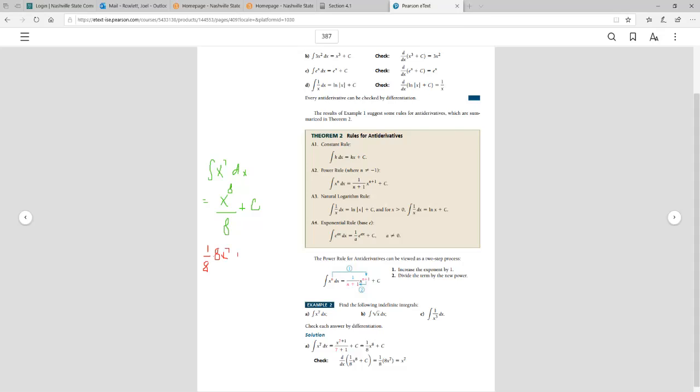And of course, the derivative of a constant is 0. And since that's 0, we'll just take that off. We typically don't have that in our response. And then we have the 8's canceling here. And we can see that when we take the derivative of the antiderivative, it takes us right back to our function.